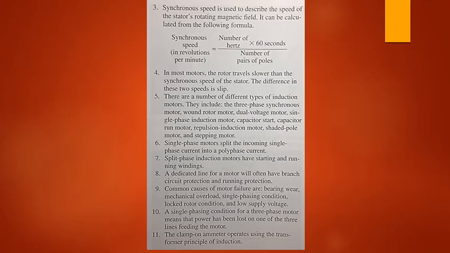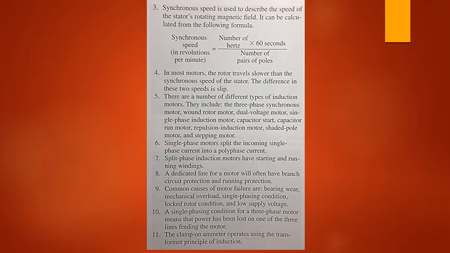Single-phase motors split the incoming single-phase current into a polyphase current. 7. Split-phase induction motors have starting and running windings. 8. A dedicated line for a motor will often have branch circuit protection and running protection.